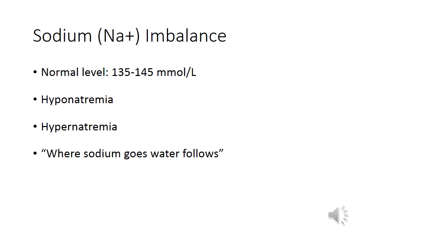Hypernatremia, or sodium excess, is a serum sodium level greater than 145 milliequivalents per liter. Hypernatremia is most common in older adults who may have a decreased thirst sensation or may be unable to access fluids independently.